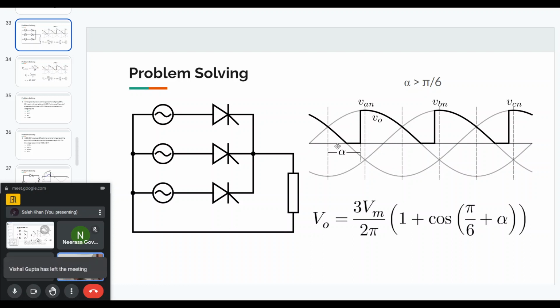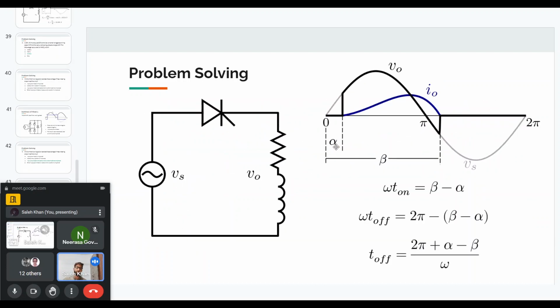Had it been an inductive load, or an RL load or RLE load, then we could have increased alpha beyond this portion, because the voltage would have been negative and it would have continued to give some output voltage. But because it is a resistive load, the voltage cannot become negative. So for a 3 pulse converter, the maximum alpha angle can be 150 degrees.